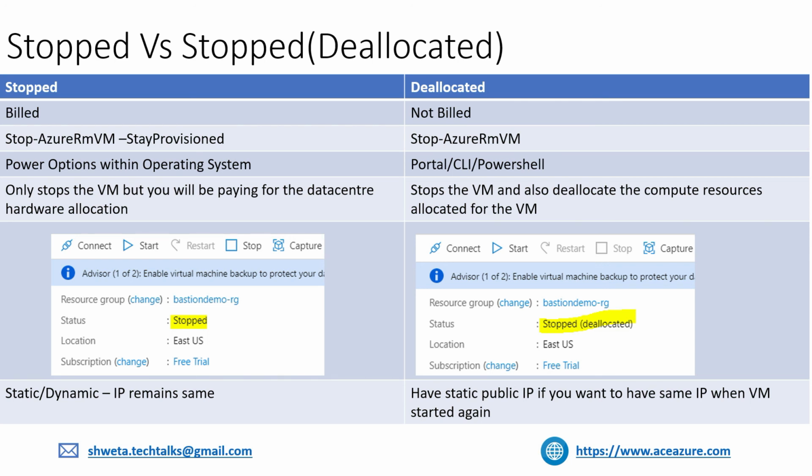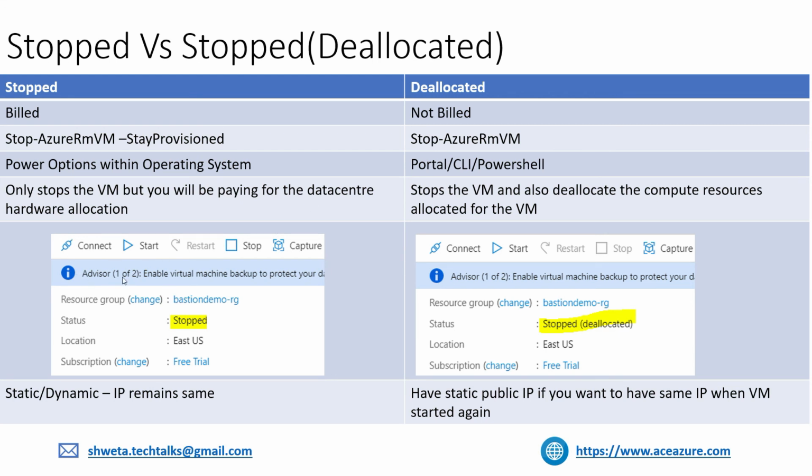That is because though the virtual machine is stopped, you're being billed for the hardware still allocated on the data center. Hence, to keep your Azure costs at bay, consider deallocating the virtual machine.